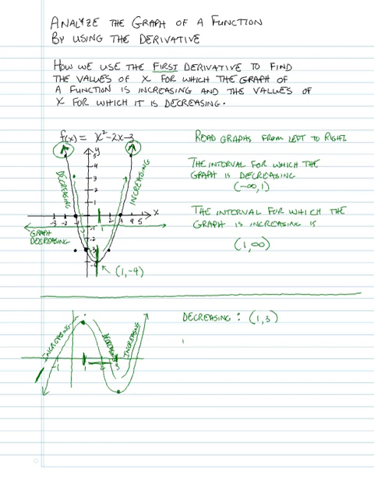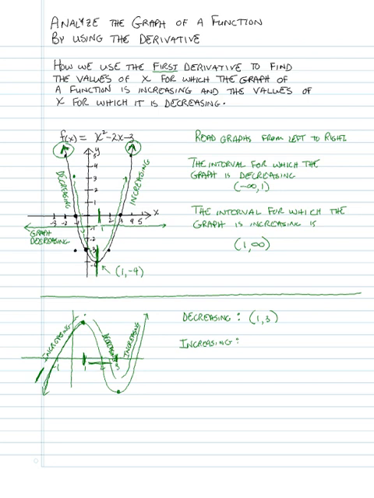Now, on the other hand, it's increasing on two different intervals. Before we ever get to the x value of 1, that is, for the x values that are less than 1, that's this part of the graph, isn't it? It's this part right here.